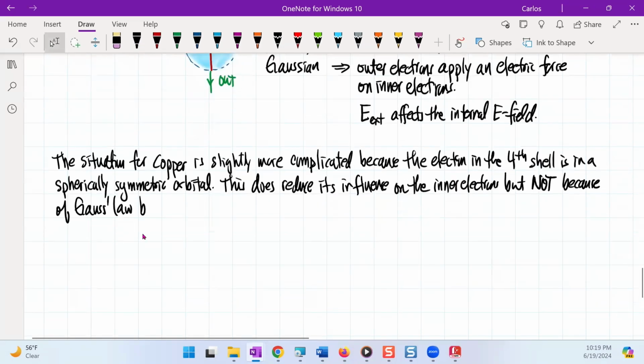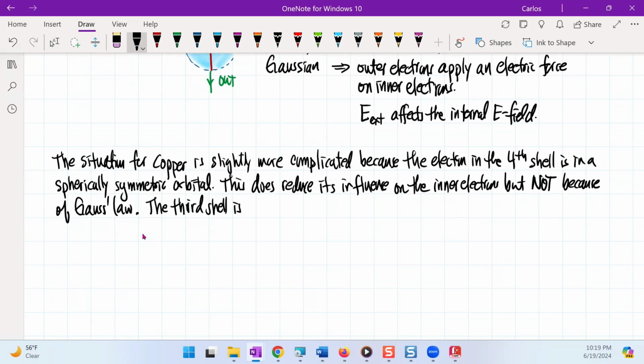The issue here is the third shell is a full shell and effectively acts like a conducting shell.